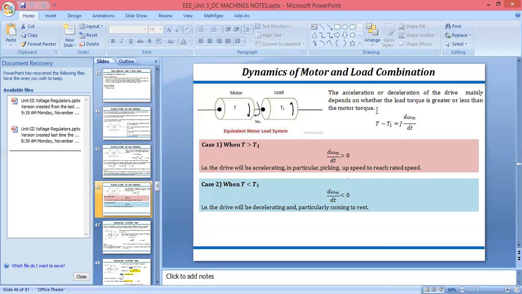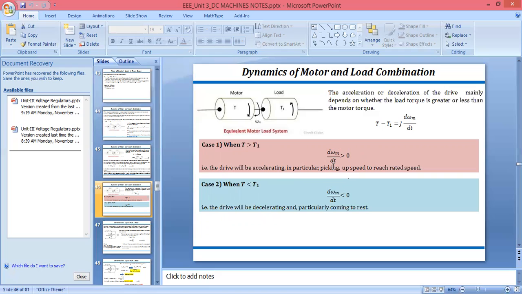So what we can say, the acceleration or the deceleration of the driver mainly depends on the value of load torque. Is it greater or is it less? Because we are getting the equation tau minus tau 1 equal to J d omega m by dt. If the value of torque is greater than the load torque, the driver will be accelerating, because tau minus tau 1 is greater than 0, and at that time d omega m upon dt will be greater than 0.